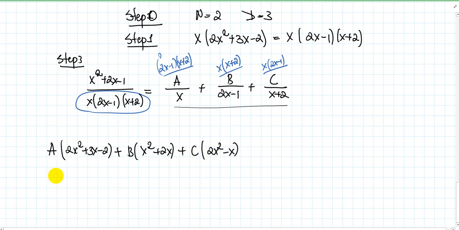Okay? This is the numerator on the left-hand side, right? So now, instead of regrouping them by taking out the coefficients A, B, and C, I need to regroup them by taking out the x squared, x, and the free coefficient, right? Because I need to compare this with this polynomial, right? Okay, so you can do this in 2 ways. Either you open all the brackets, then you will find all the coefficients with the x squared, with the x, and the free coefficient.